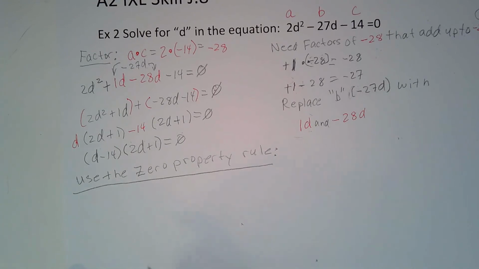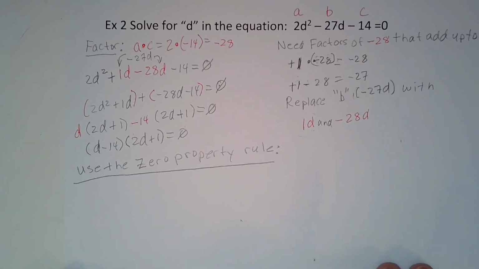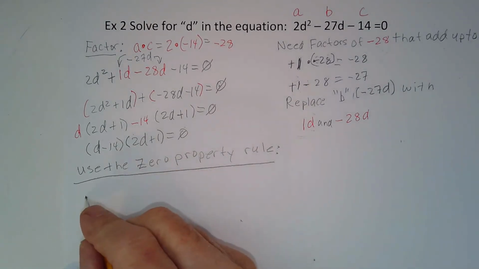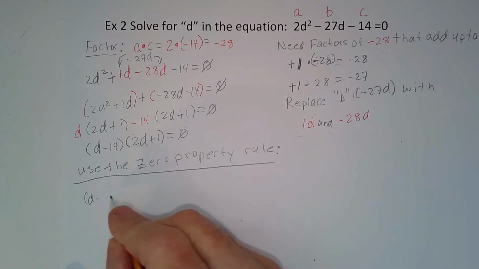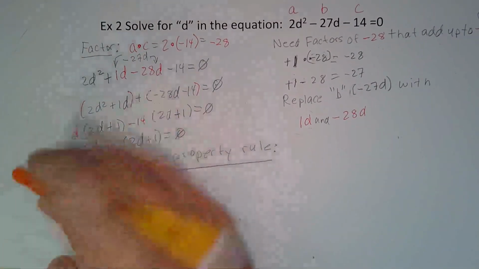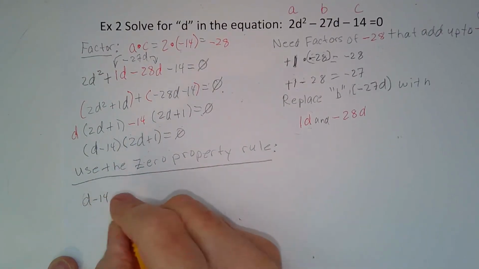All right, so let's see here. Let's straighten this out a little bit. We're going to take d minus 14. Let's take away the parentheses. We don't need that anymore. So d minus 14 equals 0.